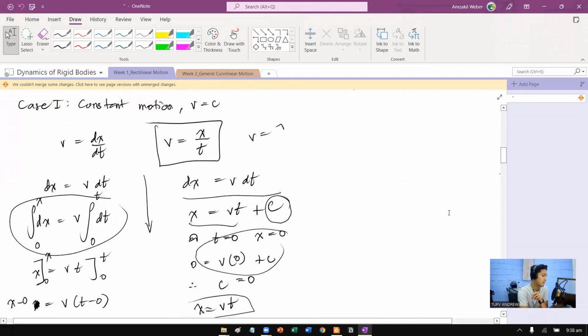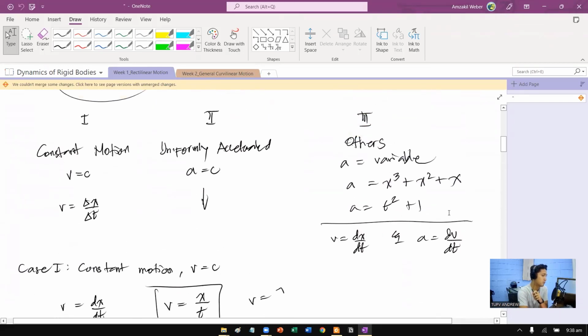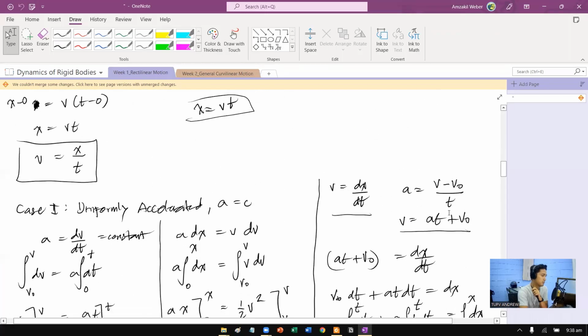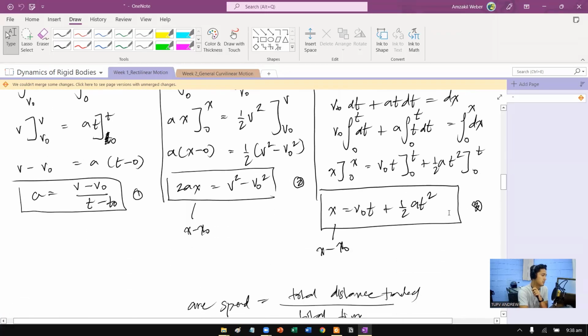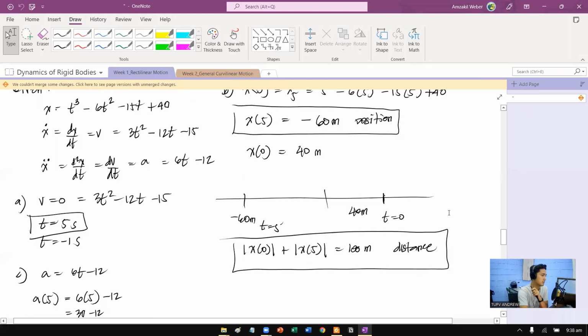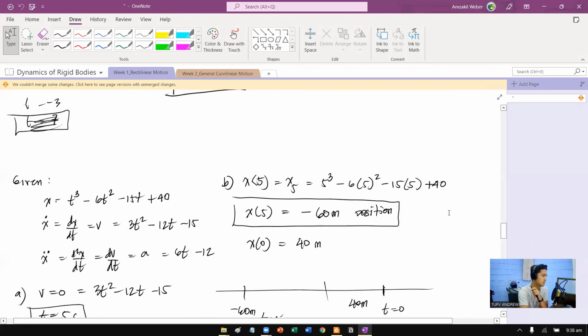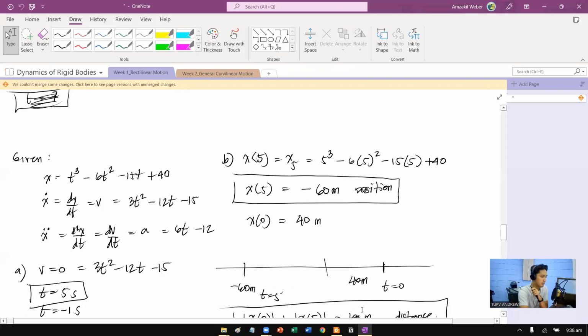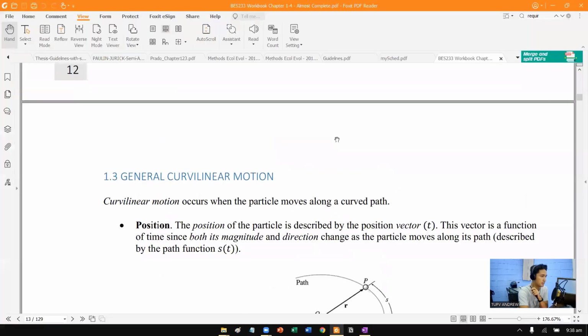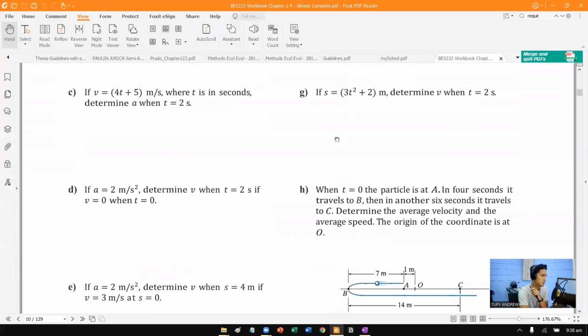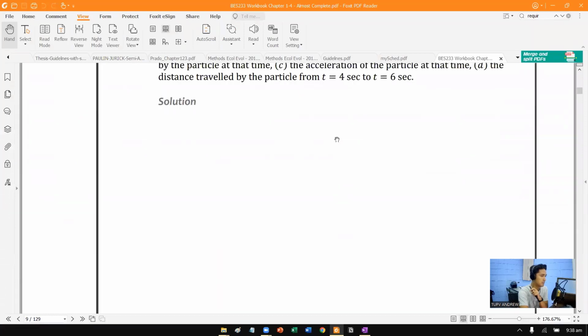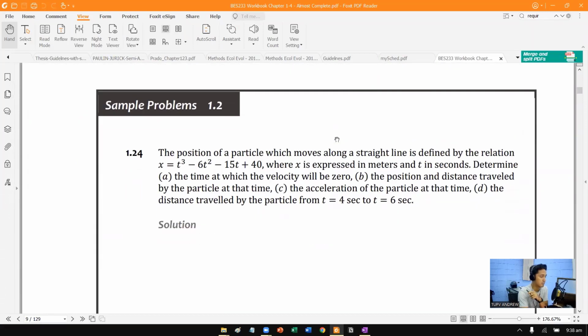Meaning you have to formulate the unique equations for that behavioral motion every time. Example, the last two problems last time belong to category 3 motion.